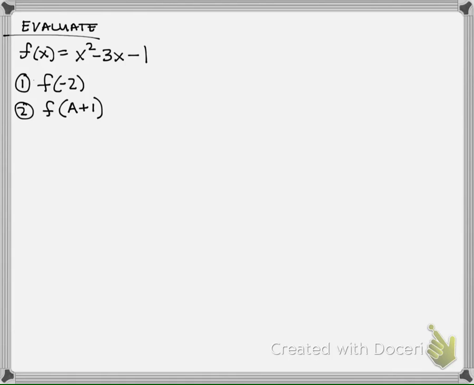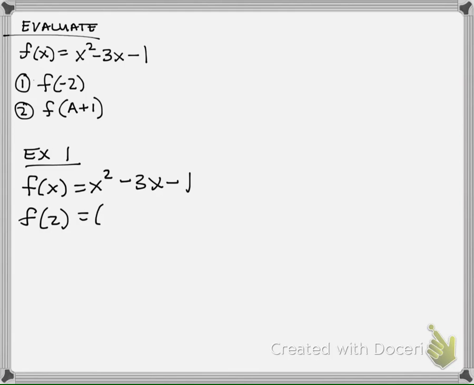So for our first example, when we evaluate this, this means that wherever we see an x, we're going to substitute in a negative 2. So I'm rewriting my equation. To find f of negative 2, we're going to put in negative 2 squared minus 3 times negative 2 minus 1.